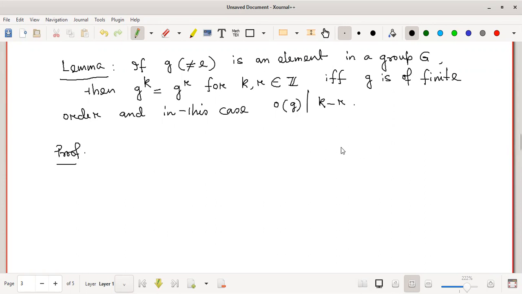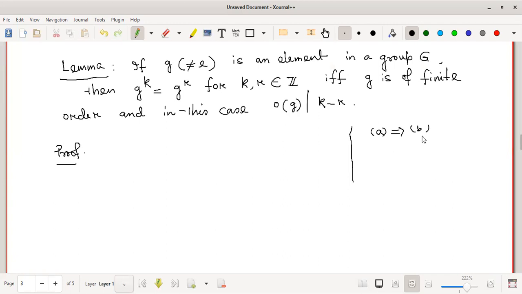What do you mean by a necessary condition and what do you mean by a sufficient condition? This is not a part of the proof, but still I think it is better to mention once. Suppose A implies B. A is a statement and A implies B. That means if A is true, then B is true.